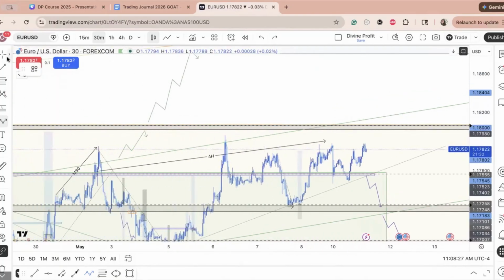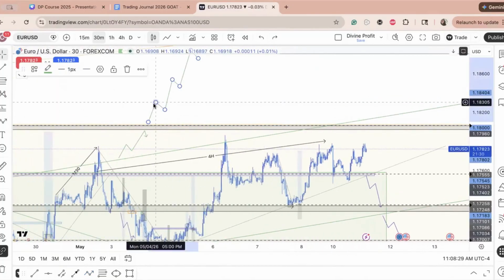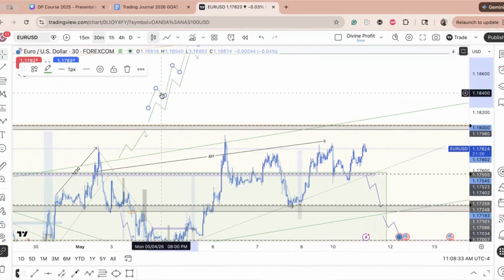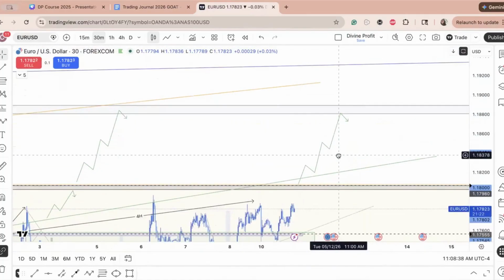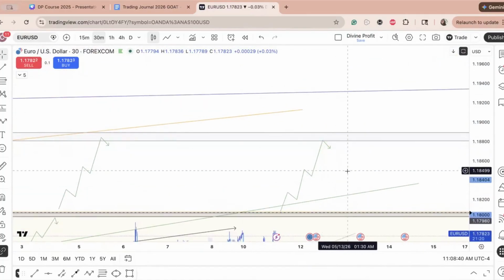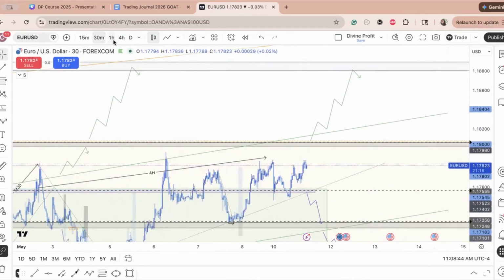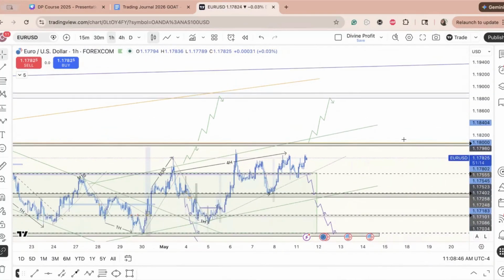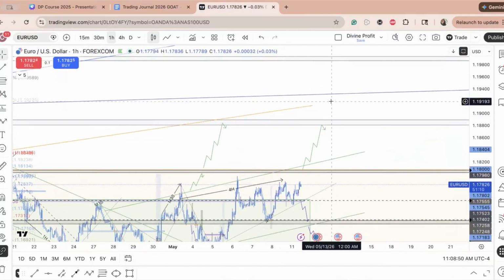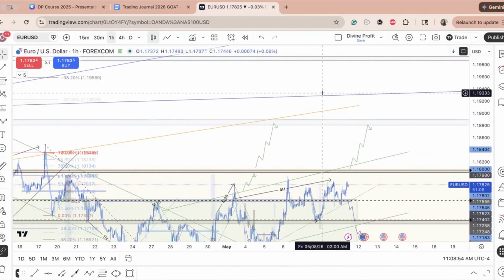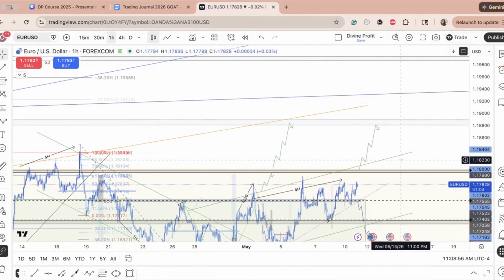So I'm actually just going to copy and paste this arrow. That's essentially what we're looking for this week. I will say I'm really not expecting it to go any higher than that, so I won't have an analysis for above that. Maybe it's as far as this purple channel, because that's my weekly.